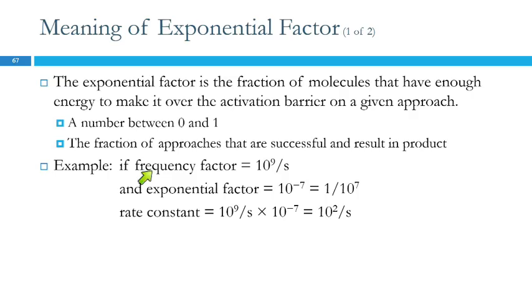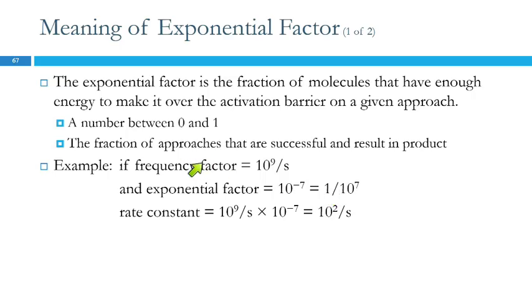So if we had a frequency factor of 10^9 per second, so molecules are approaching this barrier 10^9 times per second, that's a big, big number, right? And if we had an exponential factor of 10^-7, which is 1 over 10^7, this is saying that only 1 out of 10^7 approaches is successful.